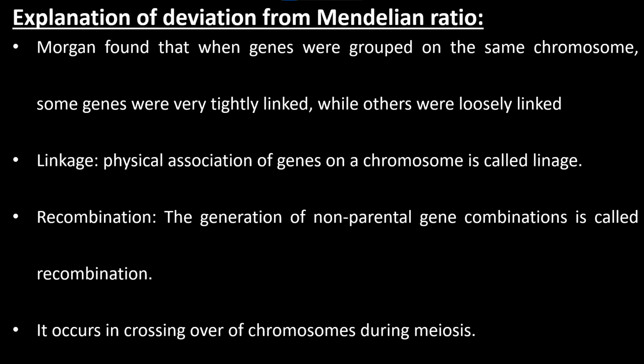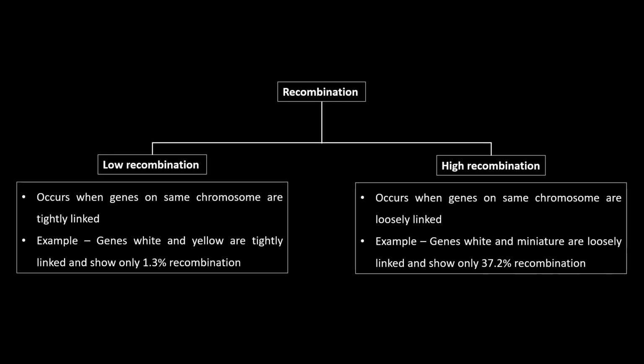Then he came to know that the reason behind it is linkage and recombination. Linkage is physical association of genes on the chromosome, and recombination is non-parental gene combinations. Morgan observed that recombination may be low or high depending upon the chromosome.